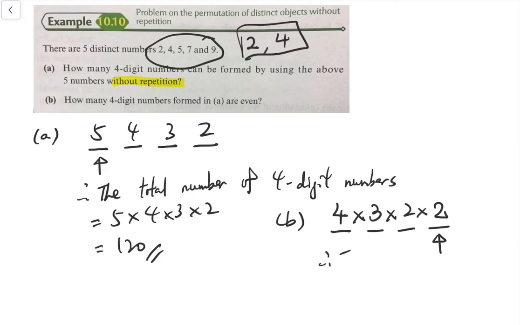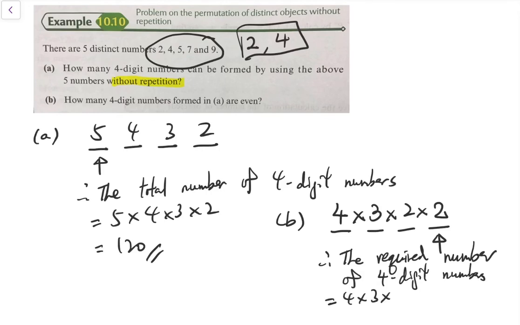So the required number of 4-digit numbers will be 4 times 3 times 2 times 2, which is 48.